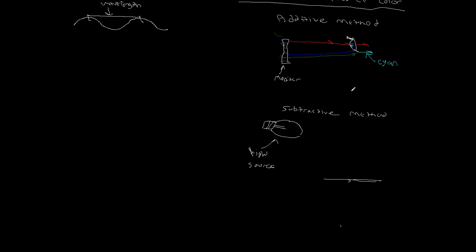So let's take a look at what would happen under this scenario. Let's say we wanted red. Again, the light source is producing all different wavelengths of light: red, green, blue. It hits the paper.